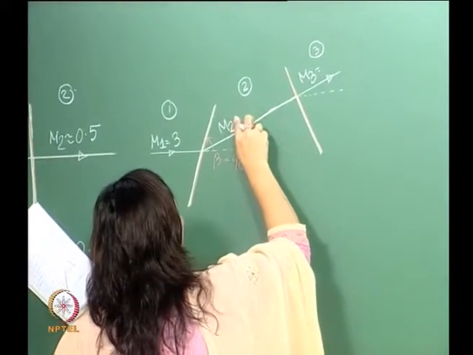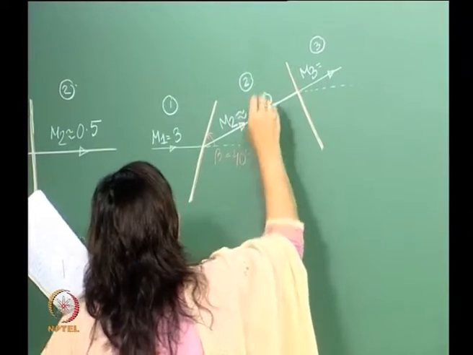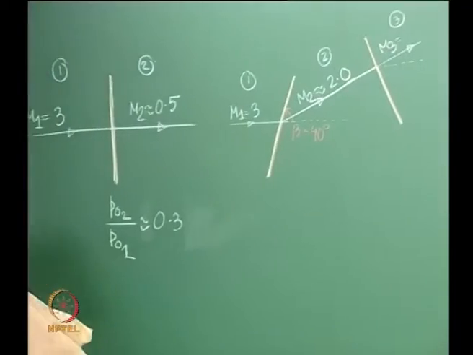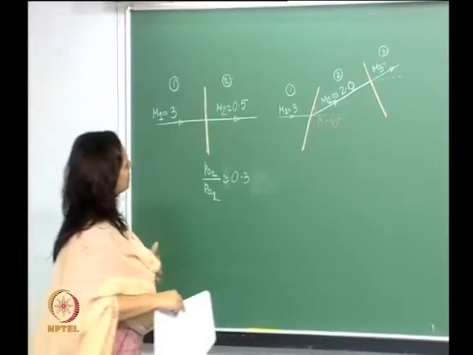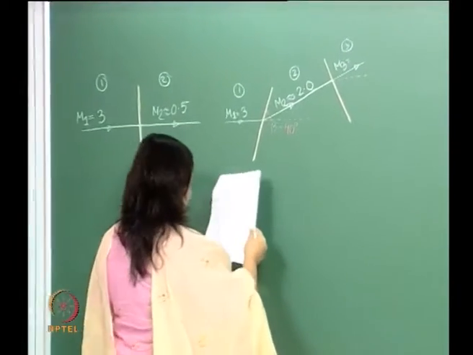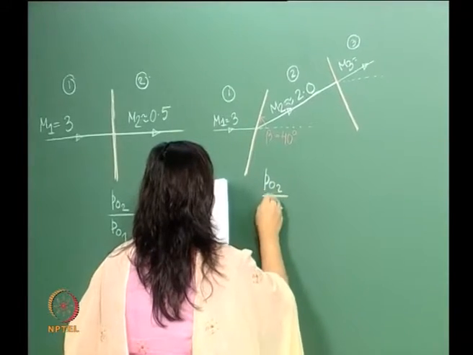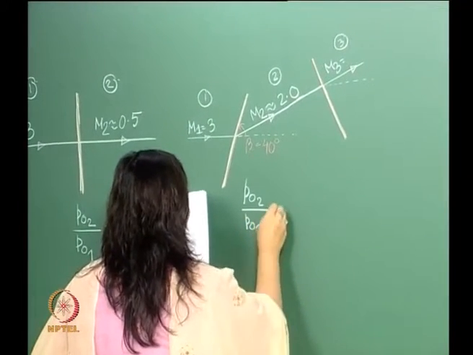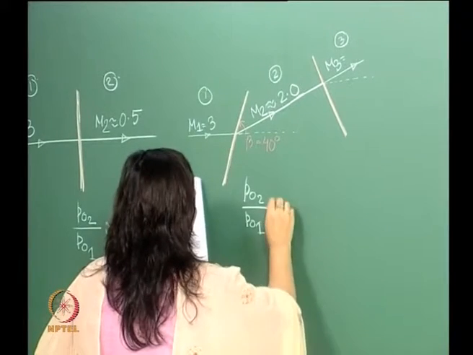Let me just write it like this. What we are looking to do here, we have slowed it down, but we haven't yet got to subsonic speeds. And what we got here, P02 by P01, the total pressure ratio, is around 0.8.